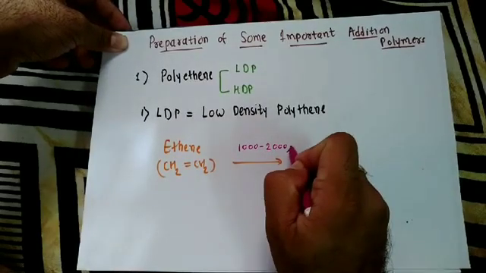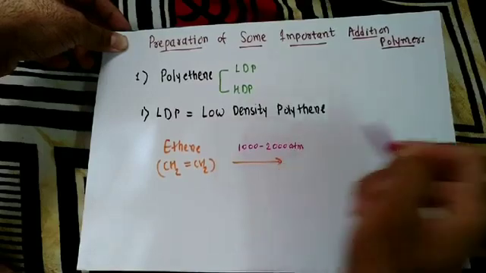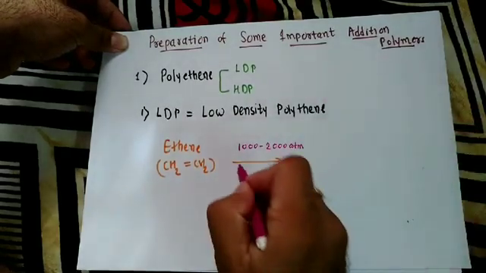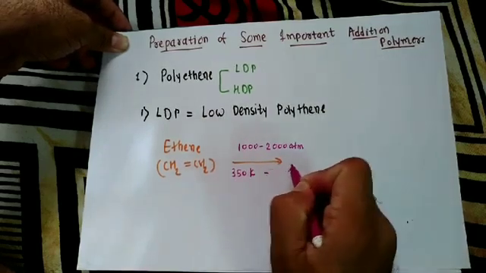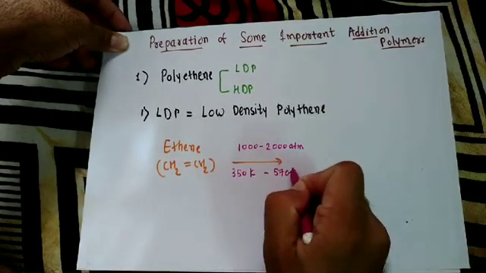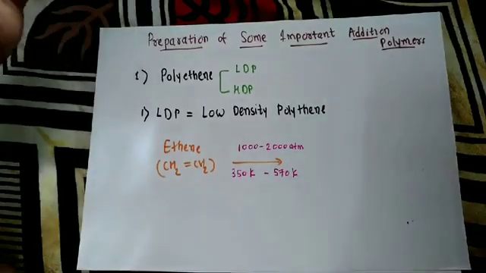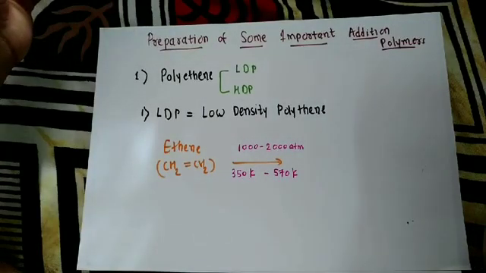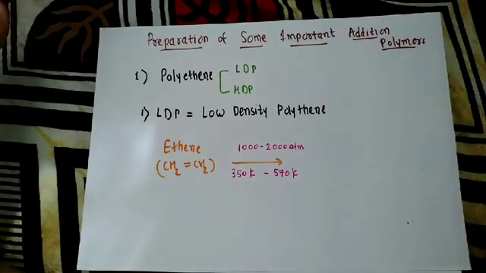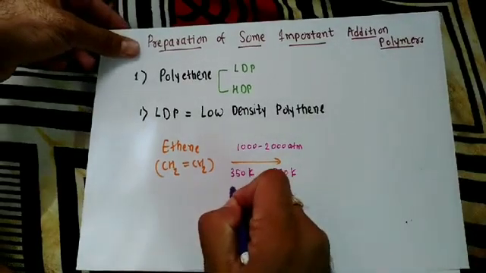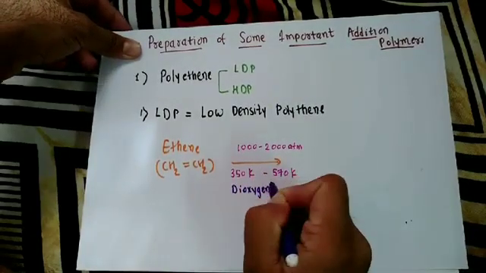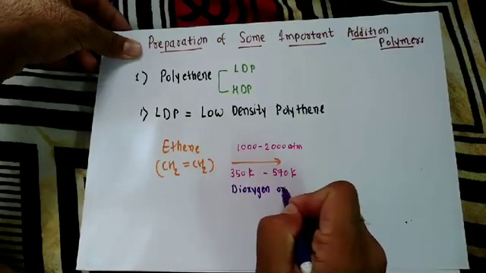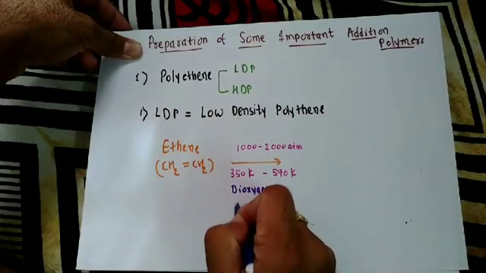The temperature is 350 Kelvin to 570 Kelvin, in the presence of dioxygen, or instead of dioxygen we can also provide peroxide.